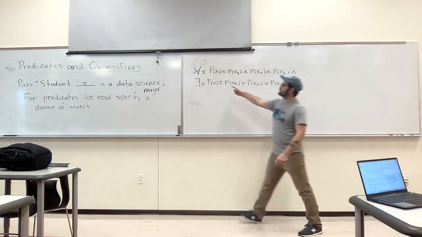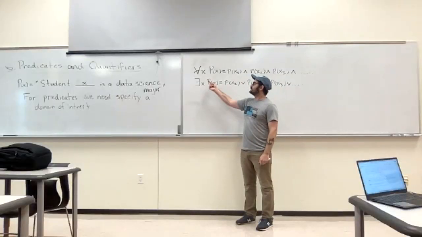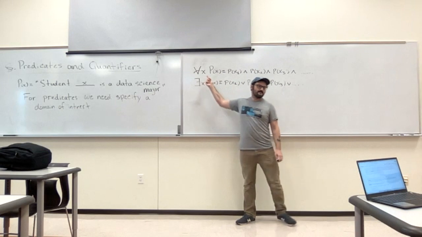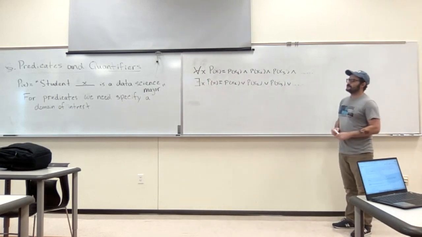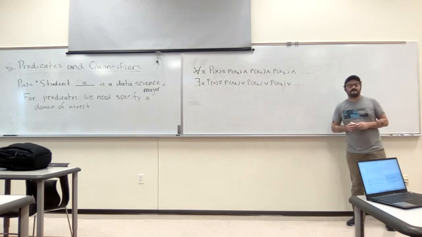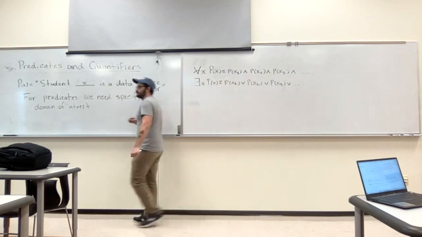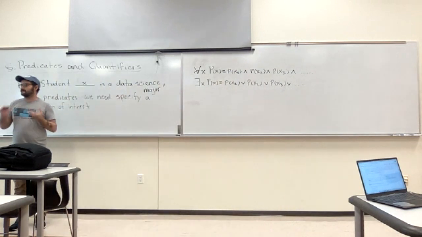So this is your predicate, and each of these is something from your domain of interest. Every time x changes, it must remain true. So I think what you're trying to say is that for all values in the domain of interest, the truth value of the predicate at that entry is true.